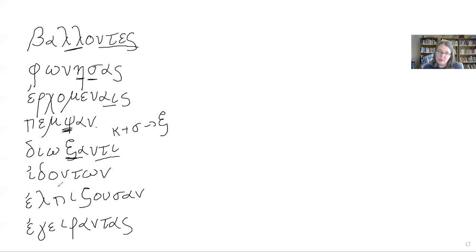Idonton is another one I had to think about a little bit because we have onton, and all of that is the ending. And I'm looking at the id and I'm thinking, what verb can I think of that this could connect to? And then I remembered horao.